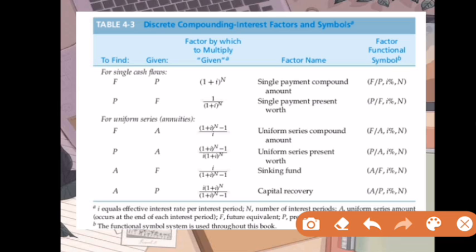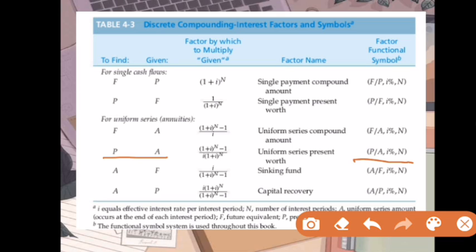So for the uniform series, we have the F and A: 1 plus the interest rate raised to n minus 1 over i. It is the uniform series compound amount. Here, 1 plus the interest rate raised to n minus 1 over the interest rate times 1 plus the interest rate raised to n. This is the uniform series present worth.